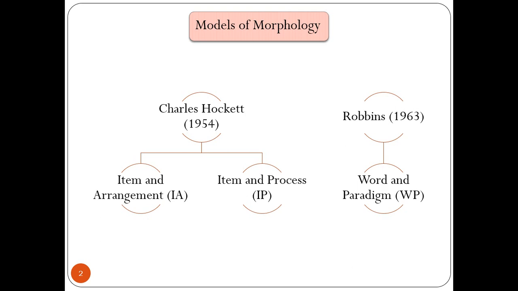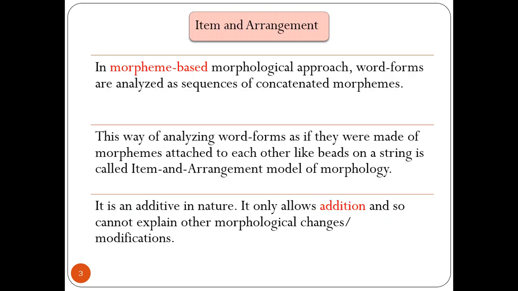Then on the third line we have Robbins, and he proposed another model, that's word and paradigm, quite simple. Though it should have been excluded, for the sake of some terminologies and some concepts which are quite relevant, I've also included this, and also for the sake of learning. So let's discuss what we have here.